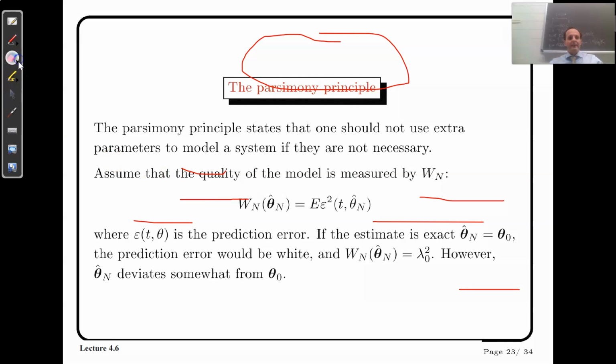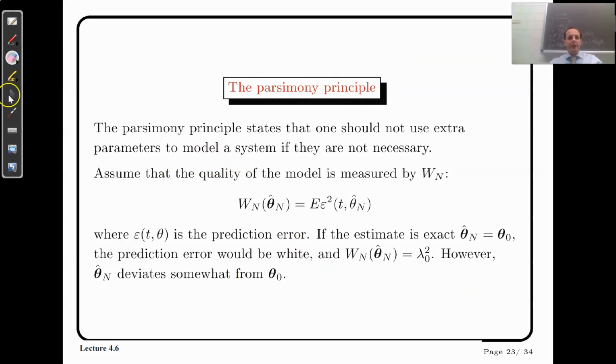And we have another principle, the parsimony principle. The parsimony principle states that one should not use extra parameters to model a system if they are not necessary. So it means that you are considering this cost function Wn, depending of course on the number of data and on the parameters, which is the expected value of your estimation or prediction error.